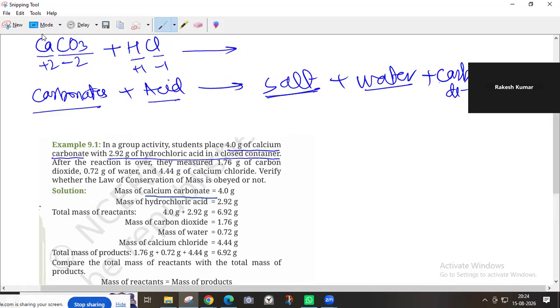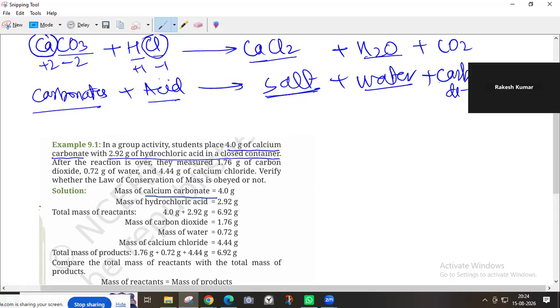The salt is always formed from the metal and the non-metal, so it will be CaCl2. Cl has a valency of -1 and Ca has +2. Then water is H2O, and CO2. If you make a mistake in the valency, you will mess up the equation. Valency is important.